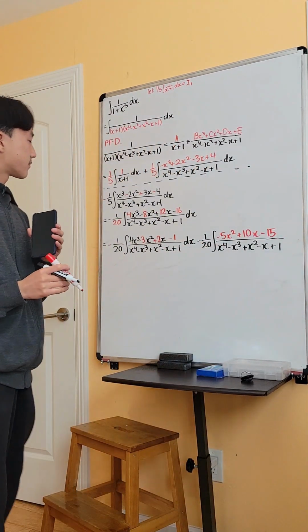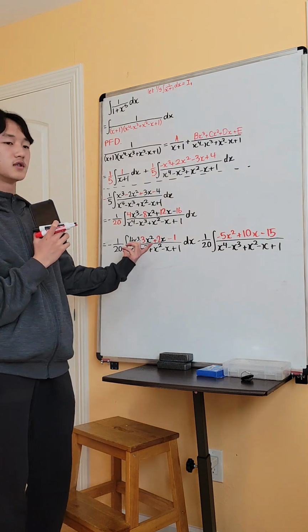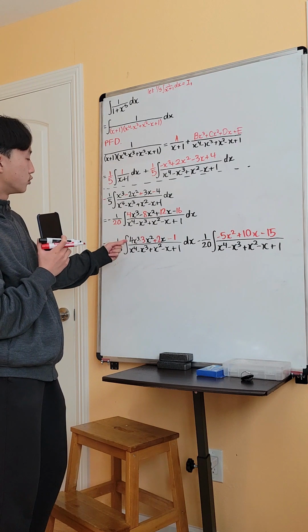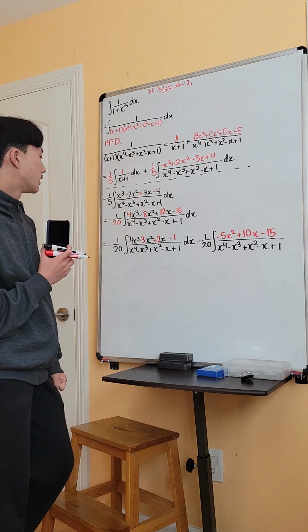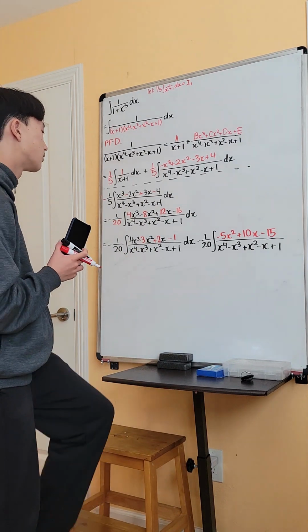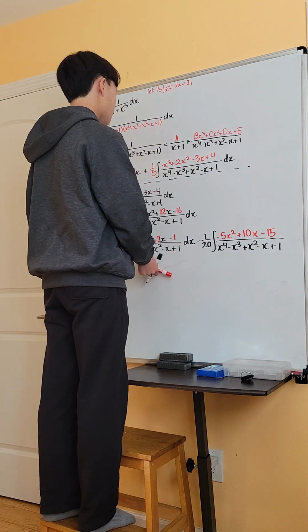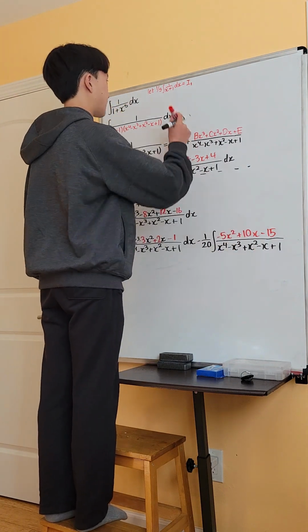So now you can immediately integrate this since the denominator is u, then the numerator times dx is du, and that just gives you natural log. So let's just keep note of this up here, and then we'll deal with this by itself.